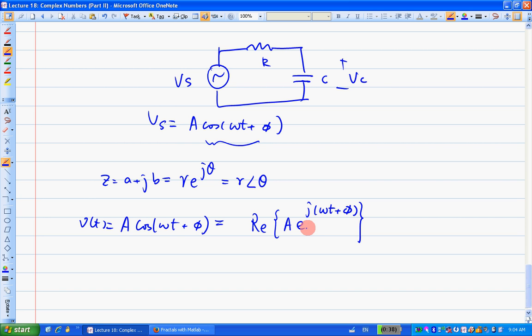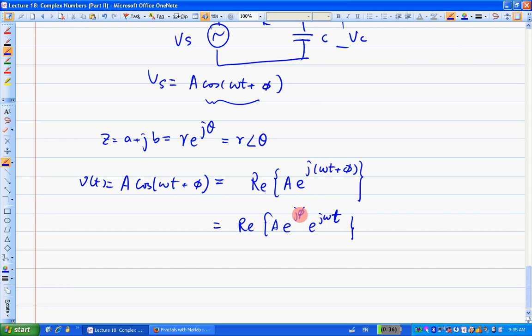This complex number is cosine(omega t plus phi) plus j sine(omega t plus phi), and the real part is basically this part. Inside this big bracket, e^{j(omega t plus phi)} is equivalent to e^{j phi} e^{j omega t}. So we are separating phi and omega t out.